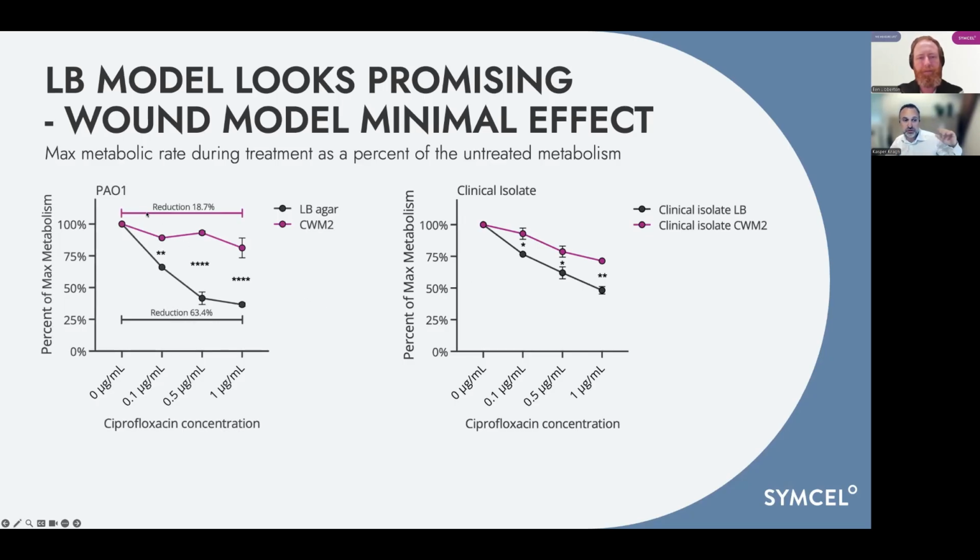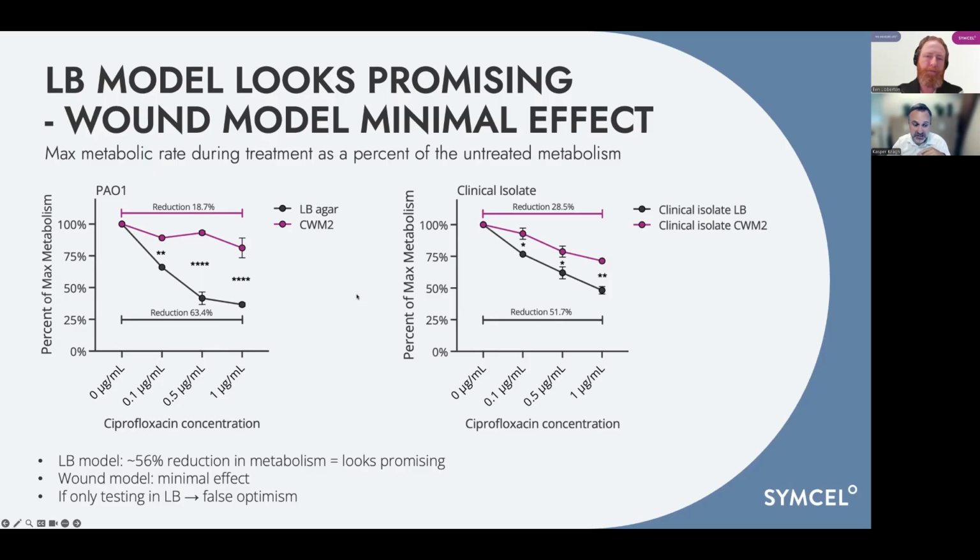And if we look at the reduction in max metabolic activity here in the wound media, it's around 18%, where we then have a reduction of 63% in LB agar, and we have about the same reductions here. So if you just took your treatment and tested it on an LB model system like this, it actually worked really well.